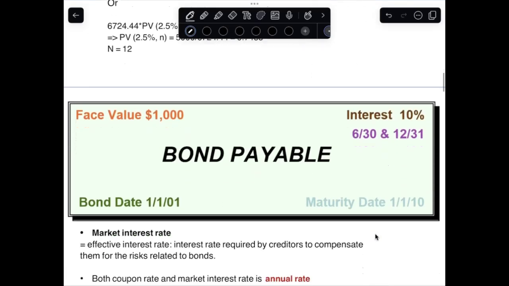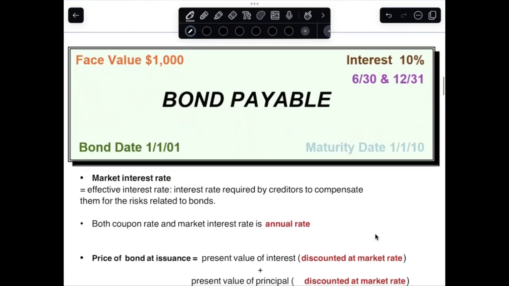Okay. After we reviewed what the present value is and how to calculate the PV and PVA, let's look at the bond. So this is the image of the bond. So a bond is an IOU. It is a promissory note, which means the debtors, the creditors just owe you that much.